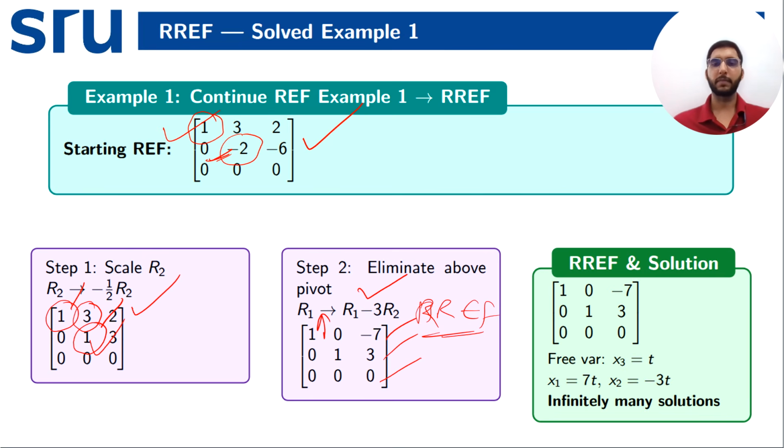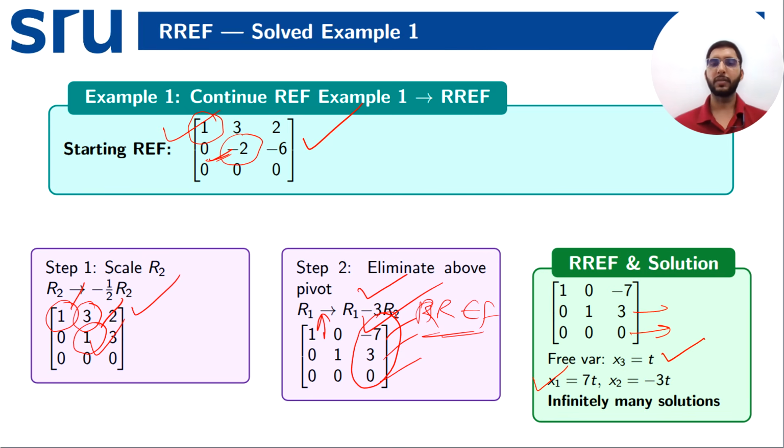In this case we see there is one free variable, that is the last column is free. So we have the solution of this type: let x3 equal t, and x1 equal to 7t we will get from it, because this is free.